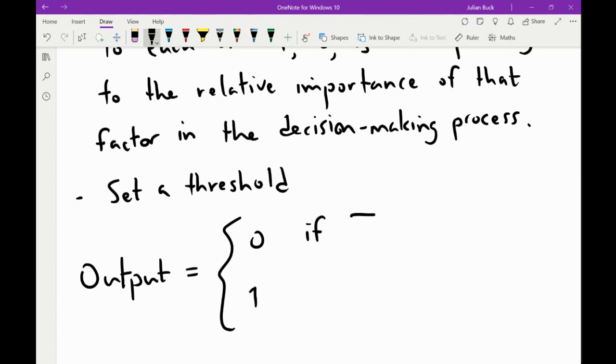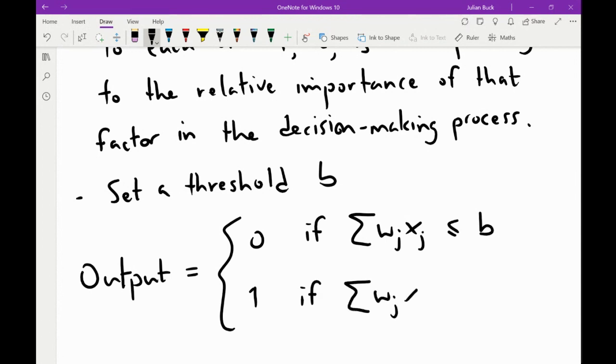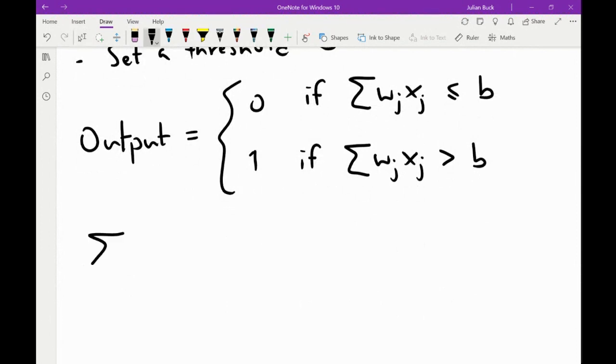The way it's determined is that we take the sum of the weights times the input variables. If that's less than or equal to the threshold B, then we don't go. If the net input, the weighted sum, is greater than the threshold, we do go. Just as a reminder of that name, the sum of the weights times the corresponding variables is the net input. And we'll formally define that a little bit later.